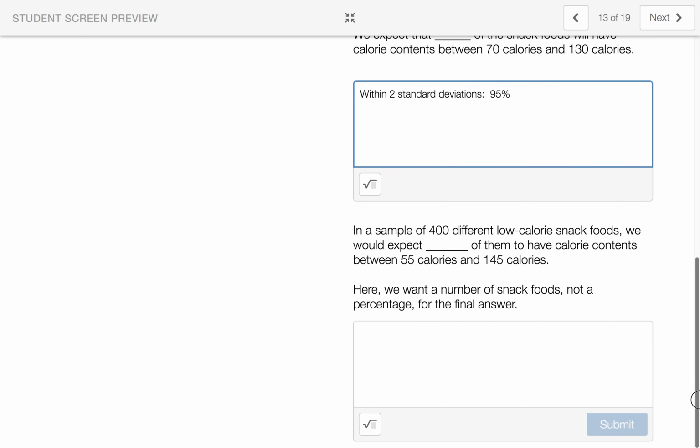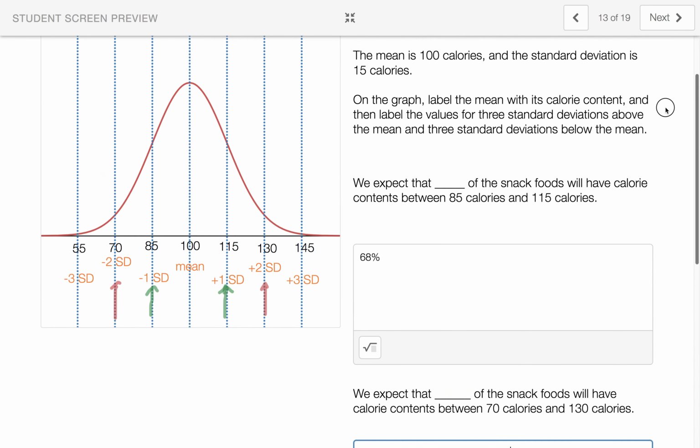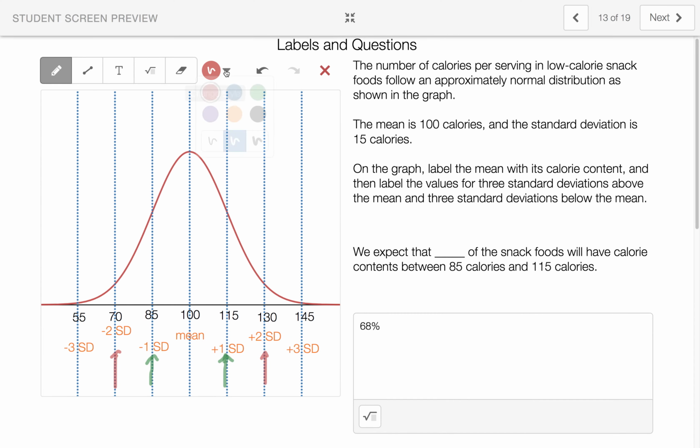And then if we had 400 different snack foods that had been surveyed, we would expect how many of them to have calorie contents between 55 and 145. And I note that I want a number of snack foods, not a percentage. First, let's grab 55 to 145 and see where those are on the plot. 55 is right there. 145 is right there.